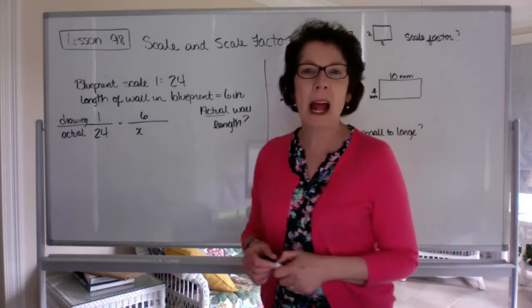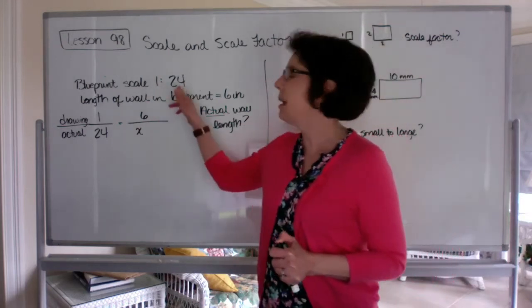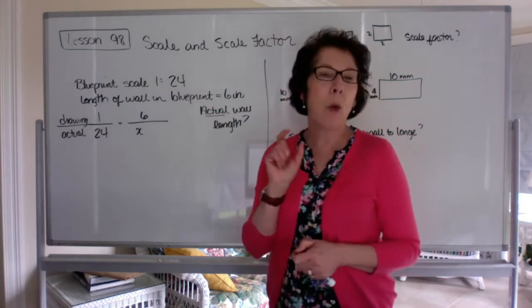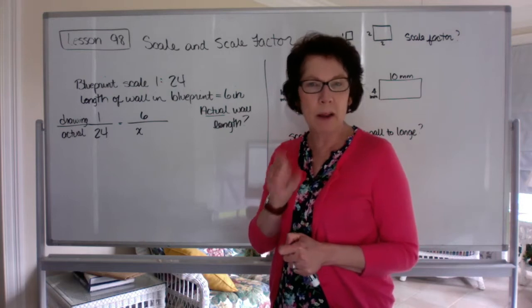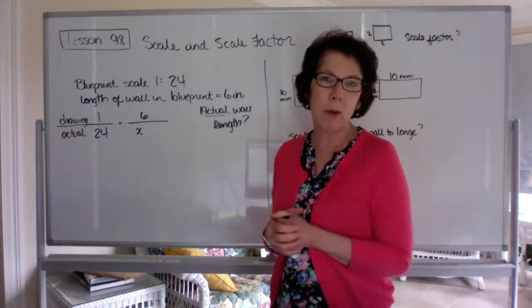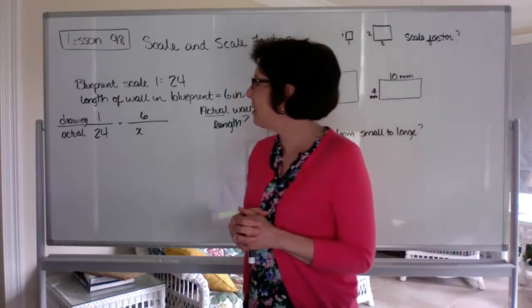Let's say we have a blueprint, and it says on that blueprint that the scale is 1 to 24. That means perhaps 1 inch on the drawing might represent 1 foot of a room in real life. So let's decide what we're going to do here with this situation.